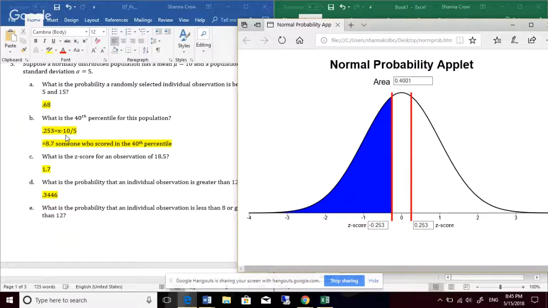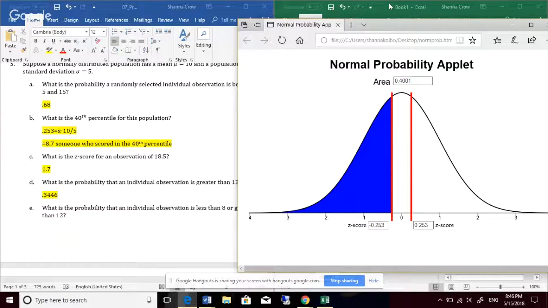Is this what it's supposed to look like? Yeah. Okay. So 0.253 times 0.5 equals 0.1265, add 10, 9.265 equals x.